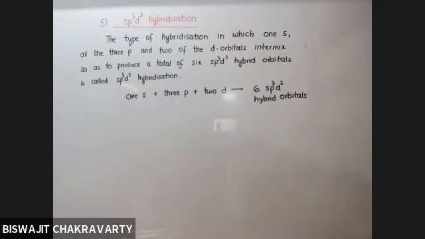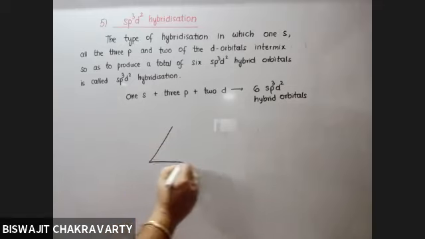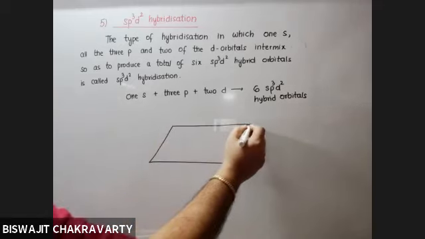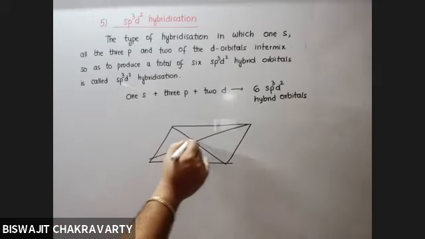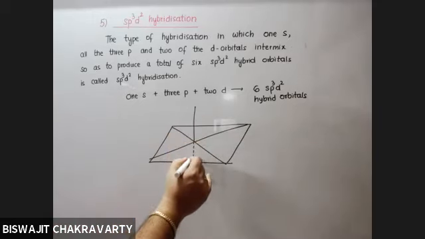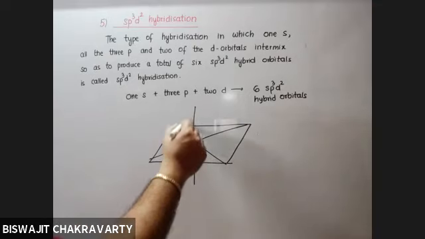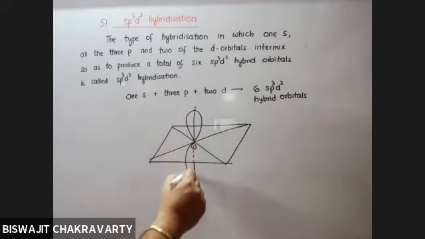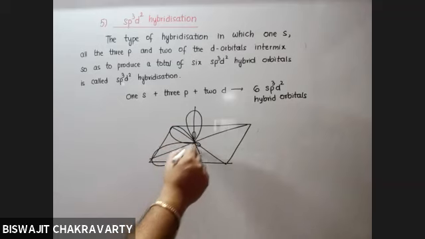And as you said, these 6 hybrid orbitals will arrange themselves so as to have minimum repulsion and maximum stability. The best acquired shape is square bipyramidal, which is also called octahedral. So along these 6 lines, you need to put the hybrid orbitals. All are equal.